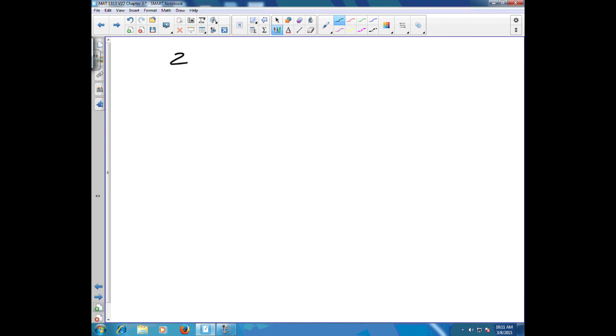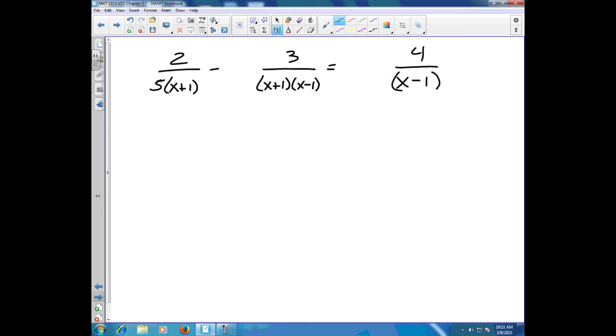We've got 2 over 5 times x plus 1, minus 3 over x plus 1 times x minus 1, equals 4 over x minus 1. And we want to multiply every term by 5, x plus 1, and x minus 1.